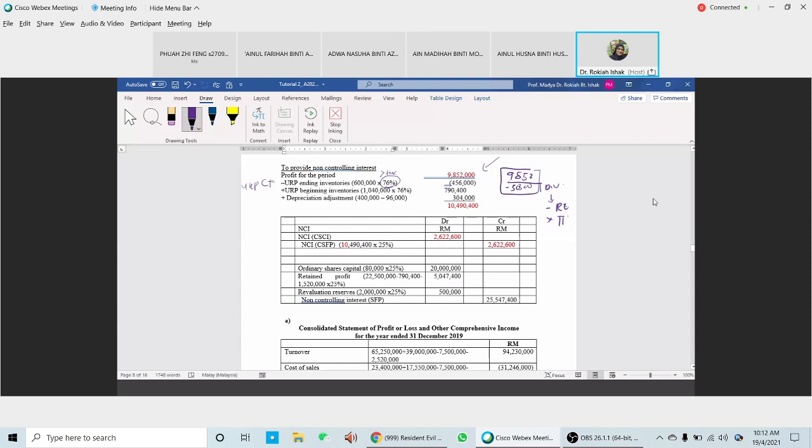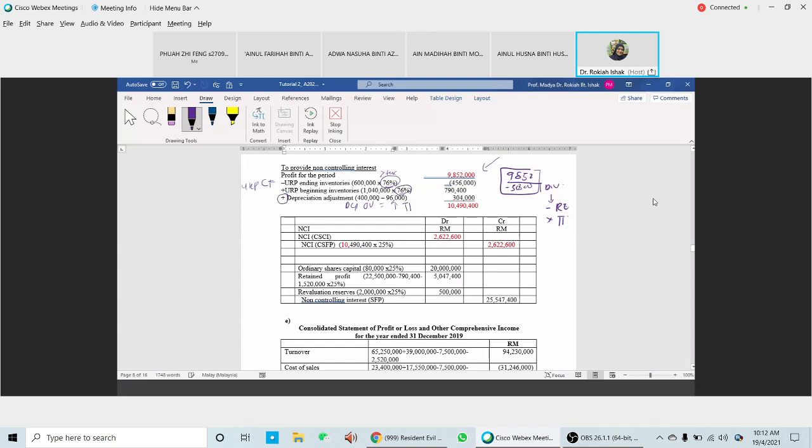Then plus the URP brought forward, which also needs to be net after tax, so 790,400. Then plus the depreciation adjustment. The depreciation is over-provided, which means it increases your profit, so we need to add.